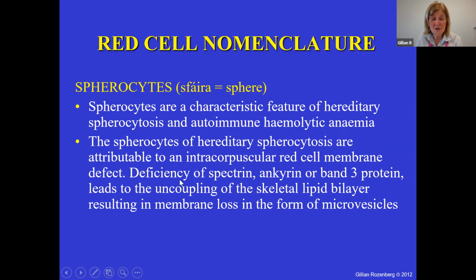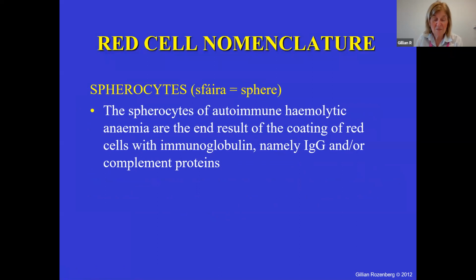So there's a deficiency of spectrin, ankyrin, or band 3 protein, and this leads to the uncoupling of the skeletal lipid bilayer, resulting in membrane loss in the form of microvesicles. On the contrary, spherocytes of autoimmune hemolytic anemia are the end result of coating of red cells with immunoglobulin, namely IgG and/or complement proteins.